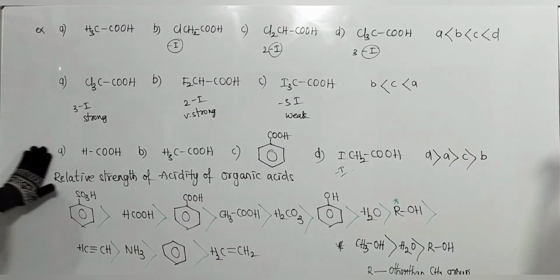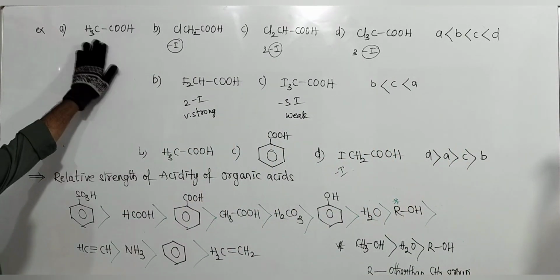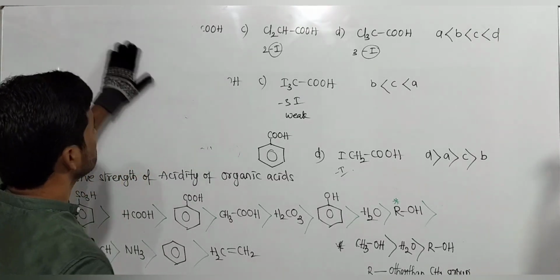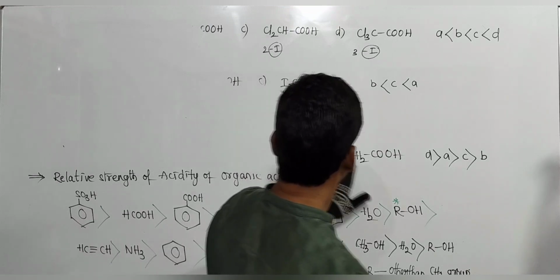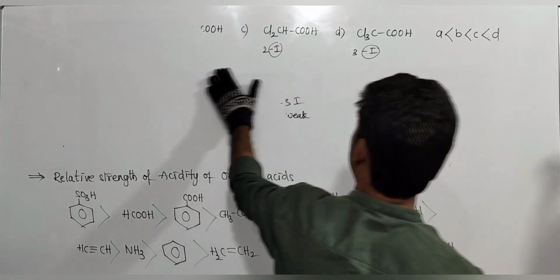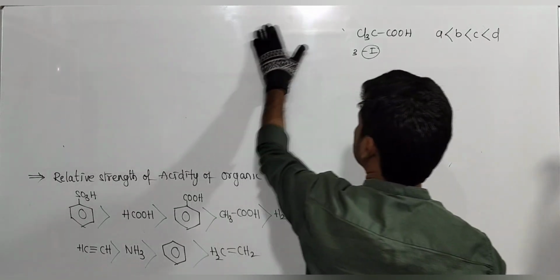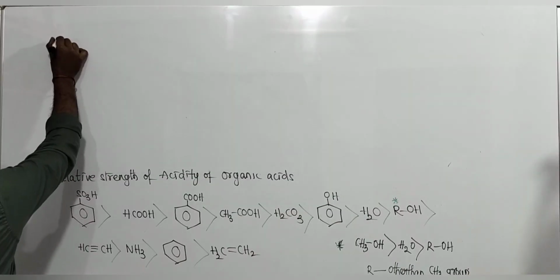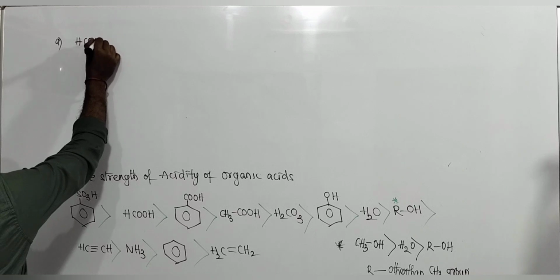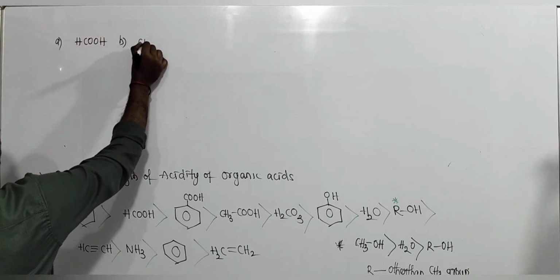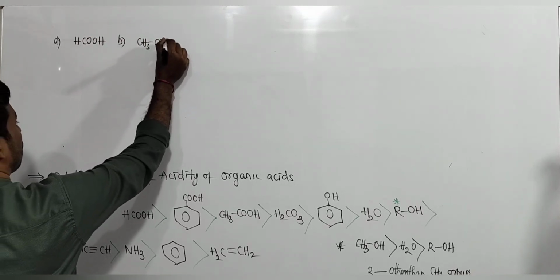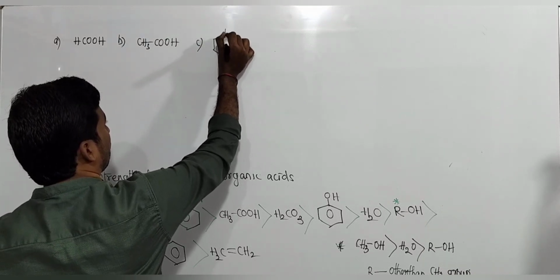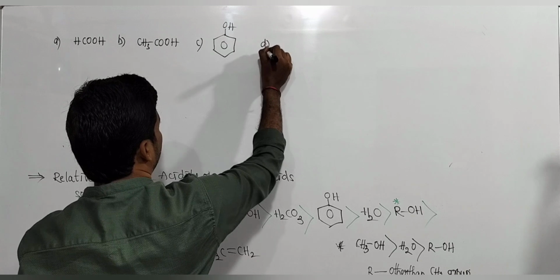Next, if I give this order: A formic acid, B acetic acid, C phenol, D benzoic acid.